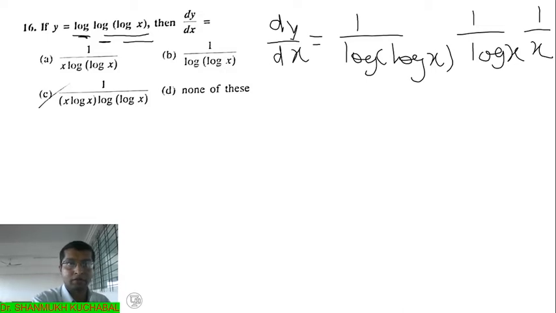Log is the outer function. Log of a function is 1 by the function. See, log means 1 upon the function log x. Log x differentiation is 1 by x. So we can see here that 1 by x log x is there in option C. Therefore C is the right answer.